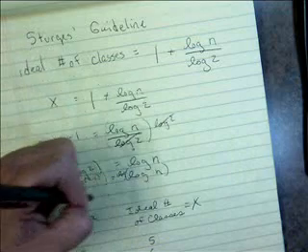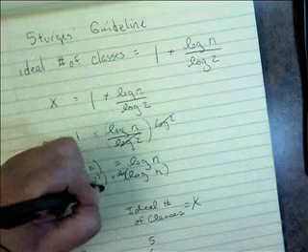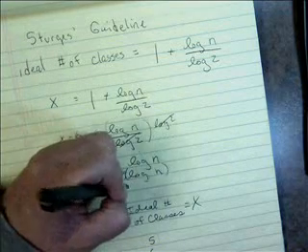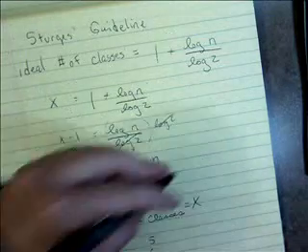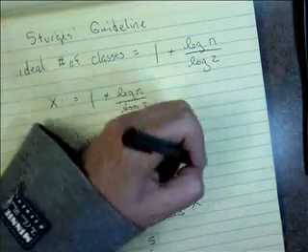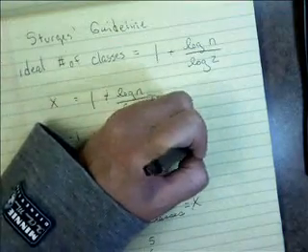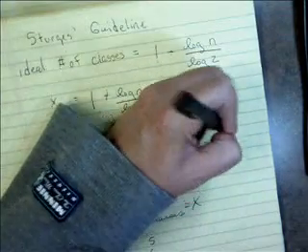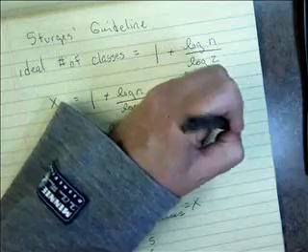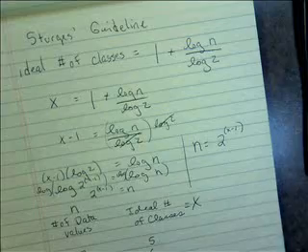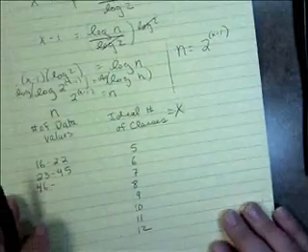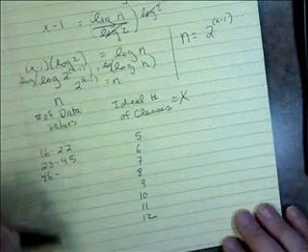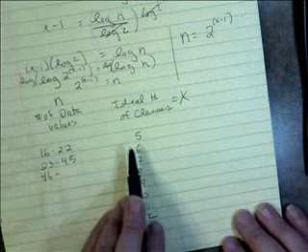So my final formula is 2 to the x minus 1 equals n, and that's really what I need. So let me rewrite that over here. New formula, n equals 2 raised to the x minus 1 power. And so that's what I'm going to use to solve for these blank spaces down through here.